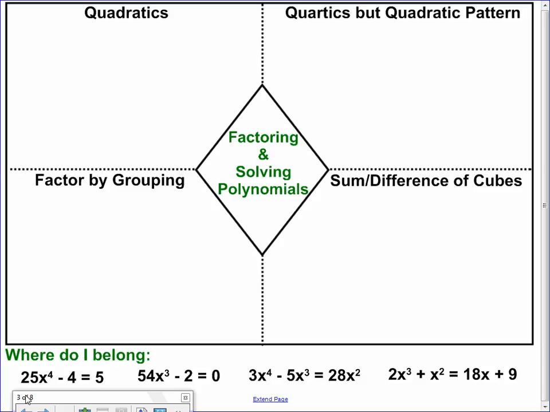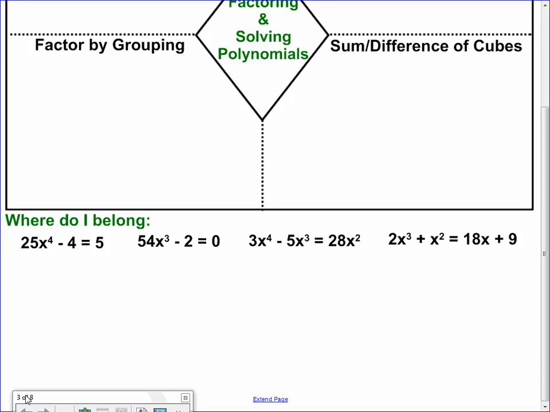Okay, so let's take a look at the bottom here. There are 4 problems listed on your page. Let's set them equal to 0 first and take out a GCF first, and then see if we can figure out where they actually fit. Okay, so on this first one, what do I do first? Move the 5. So we'll have 25x to the fourth, and when I move the 5, I get minus 9. Is there a GCF?